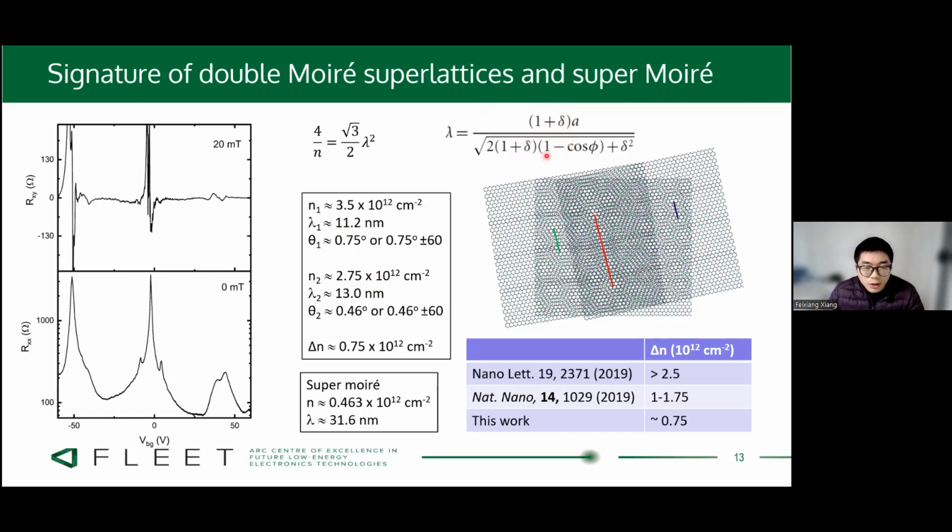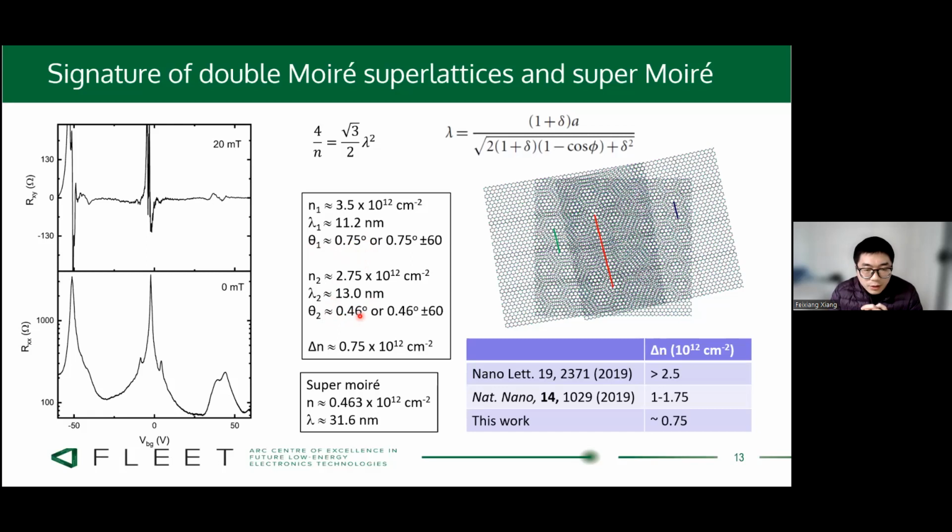And the calculation tells the twist angle is quite small. It's about 0.75 degree for the first angle, and 0.46 degree for the second twist angle.